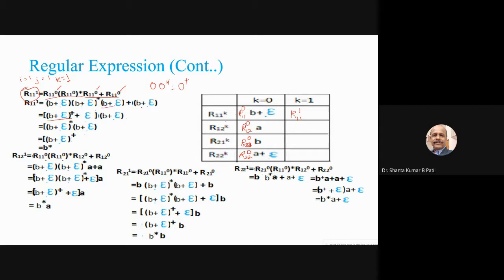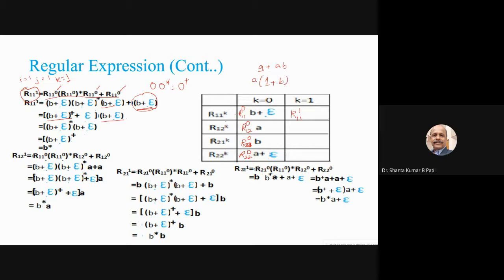In mathematics, for example, if you have a plus ab and you take a common, in place of this, 1 will be there. Whereas in finite automata, if you take b plus epsilon common, in place of the a, 1 will come. 1 plus b, this is how we write.